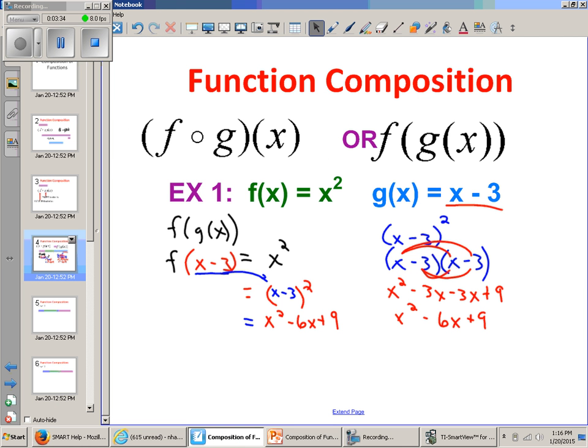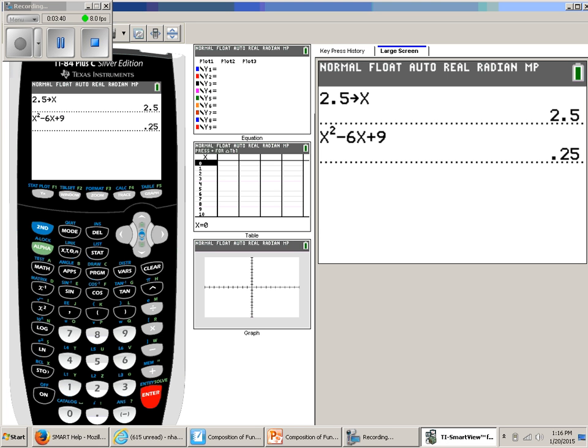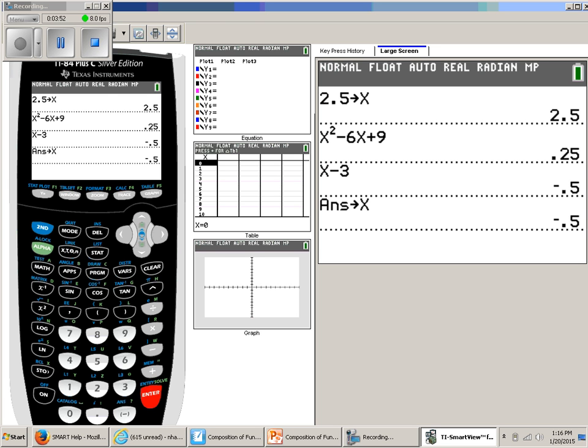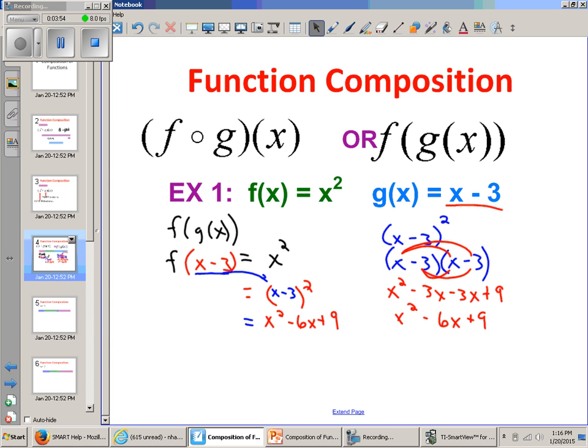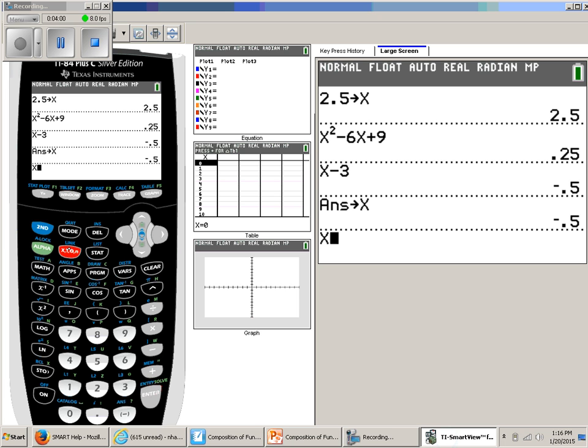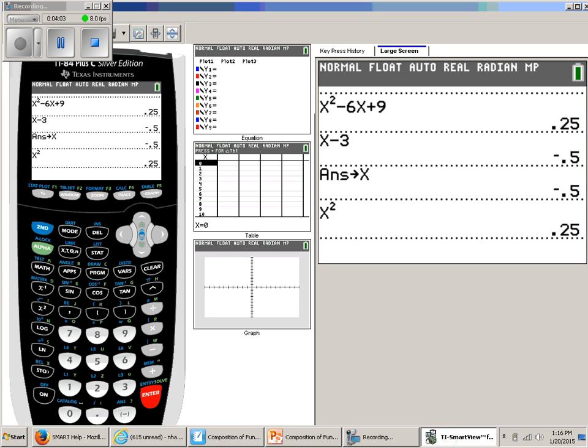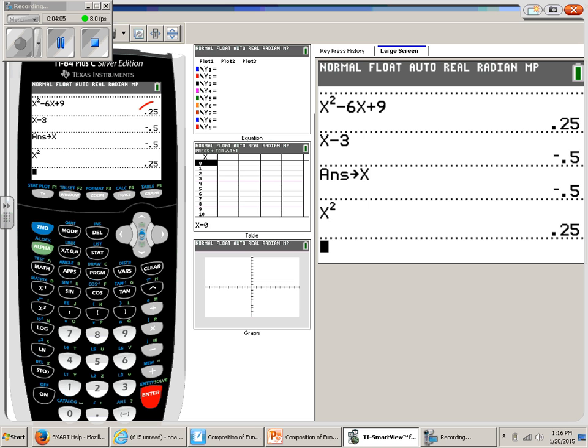So I'm going to put the inside one in first. So x minus 3, and hit enter. Now I'm going to take this new number that I got and store for x. And I'm going to type in the outside, which is x squared. And notice here, there was my answer, and here was my problem. Notice they're the same, so that means we got the right answer.